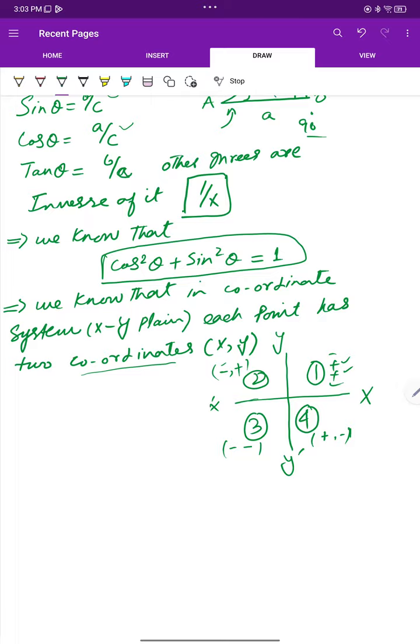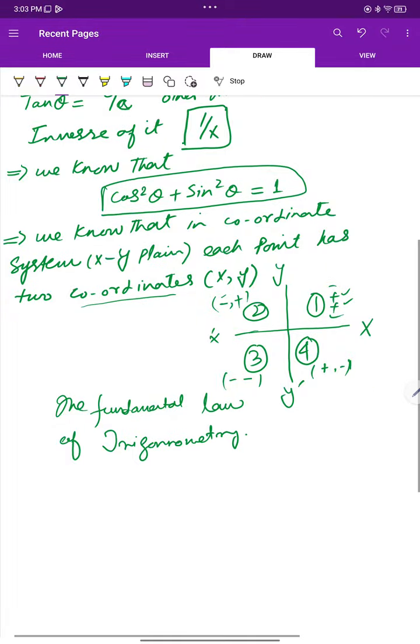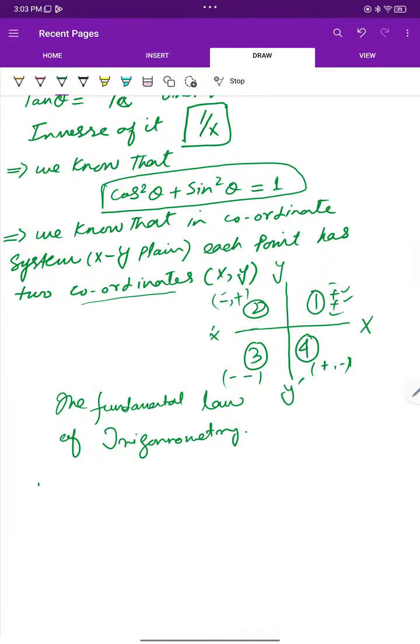But here is another thing which is very important in higher study. It's called the fundamental law of trigonometry. So this is the basic one, cos alpha.